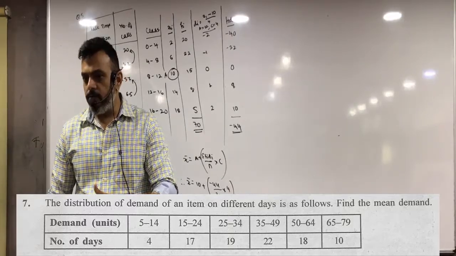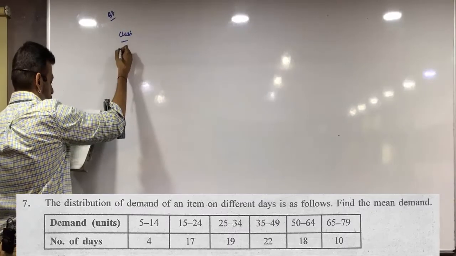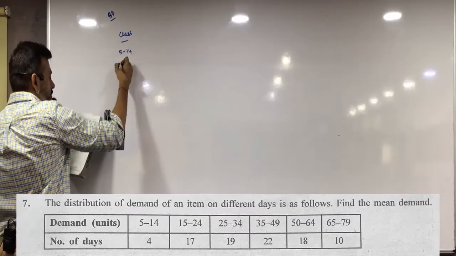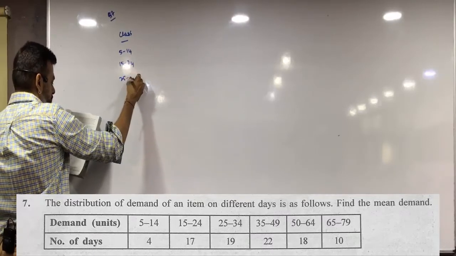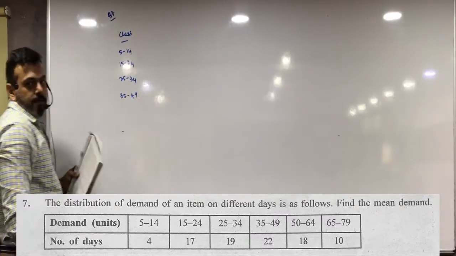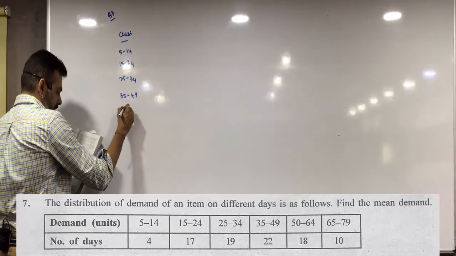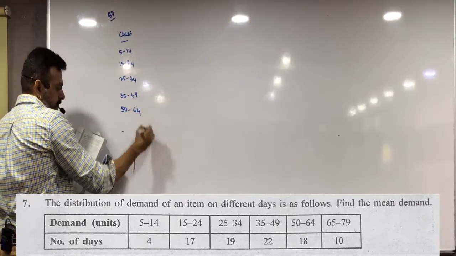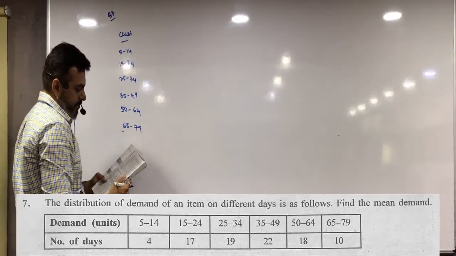You find the mid value and do it as a normal sum. 5 to 14, 15 to 24, 25 to 34, 35 to 49. So class length is not the same. Then 50 to 64 and 65 to 79.